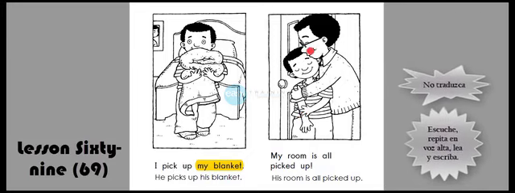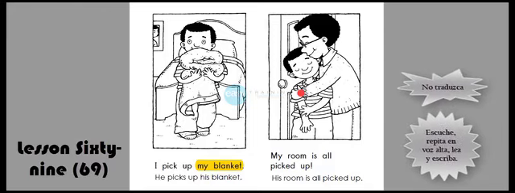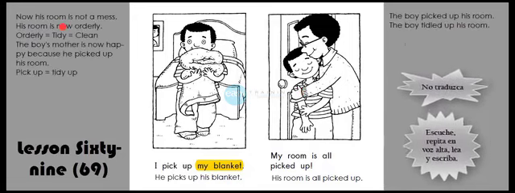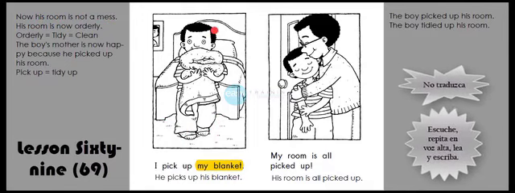And his mother is happy about him. She is hugging him because she is happy. She is happy that the boy has picked up his room. You see? Now his room is not a mess. Look, it is not a mess.